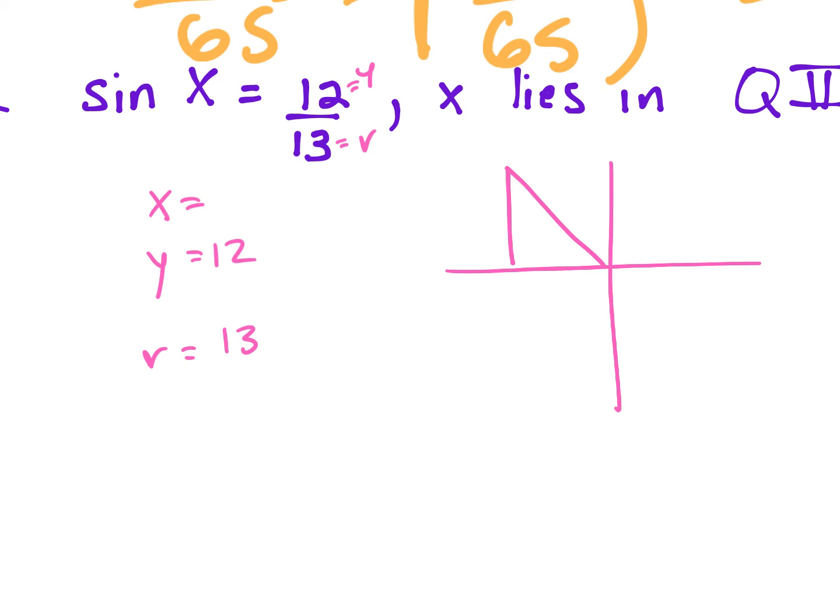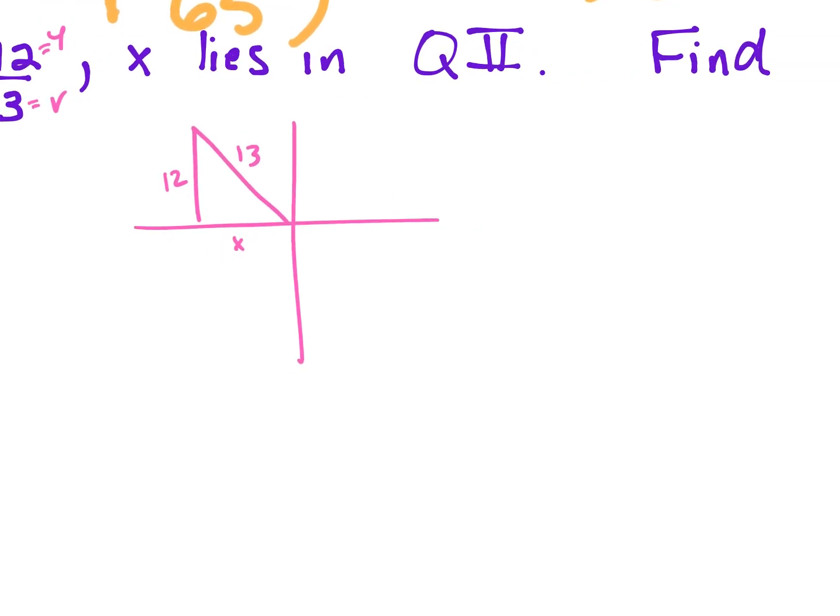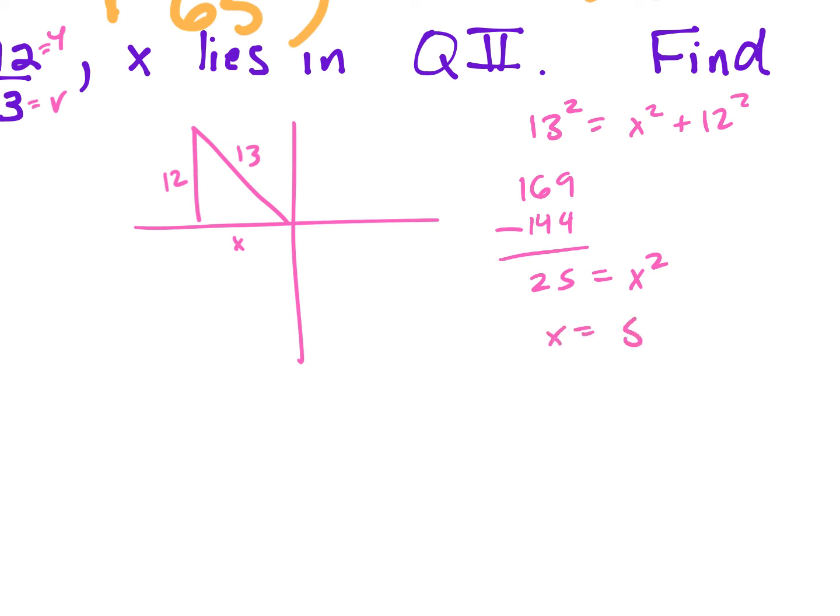So y goes up and down, that's 12. R is 13, I have to find x. So Pythagorean Theorem, 13 squared is equal to x squared plus 12 squared. So 169 minus 144 is 25. So x is 5. Is it positive 5 or negative 5? If I'm going to the left, -5.